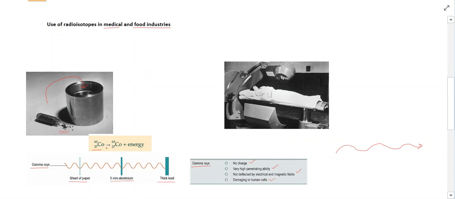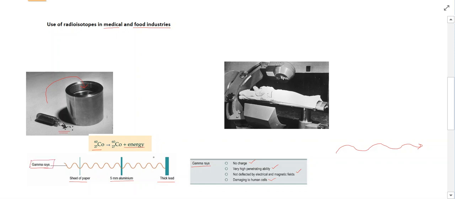Here is the nuclear reaction for cobalt 60. We start off with cobalt 60, which has 27 protons. When it undergoes this spontaneous emission of gamma rays, it doesn't lose protons or neutrons or electrons. It just emits energy, and that energy is gamma rays.